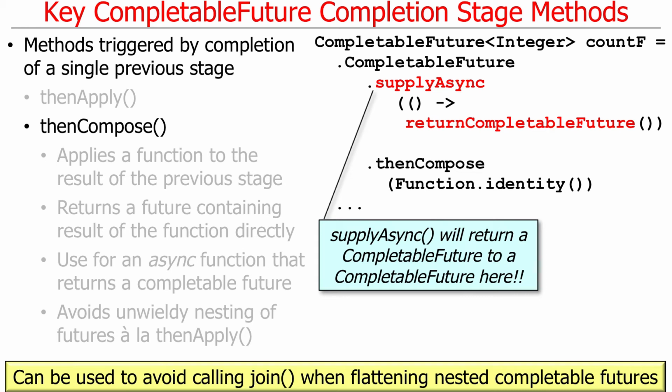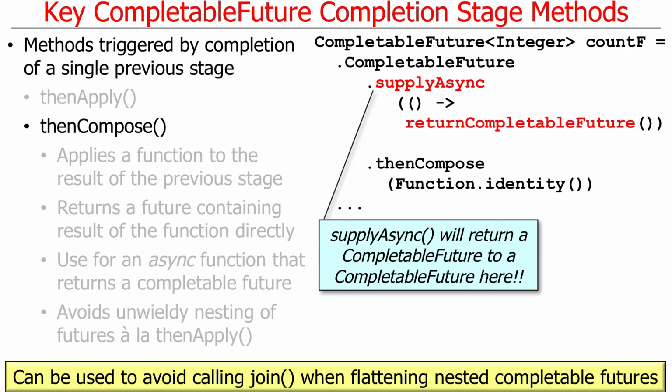In your programming assignment, you're going to have a function called something like crawl hyperlinks on page, and crawl hyperlinks on page is going to return a completable future to an integer result. And we want crawl hyperlinks on page to run asynchronously, so we have to call it from within supply async. What would happen if we didn't call it in supply async is it would block, which we don't want.